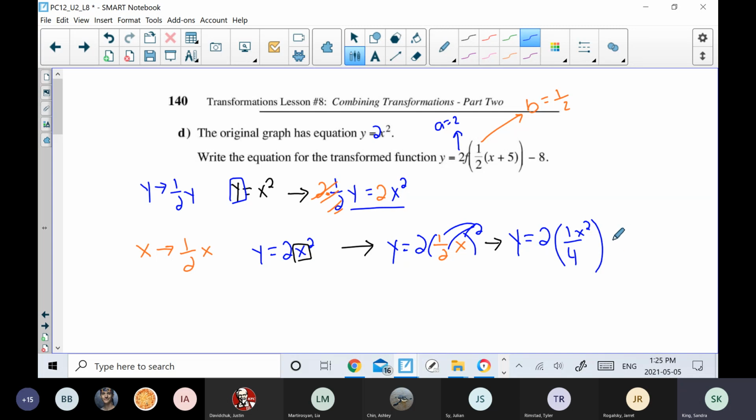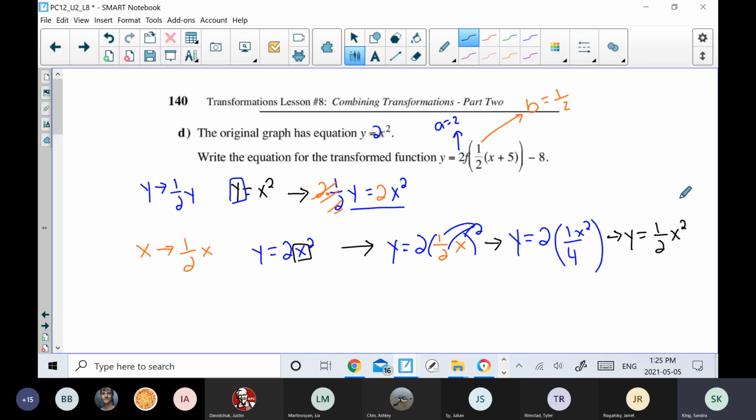Okay. Now from here, I could multiply these two numbers together. 2 times a quarter is 2/4, and that's 1/2 x squared. So I could get rid of these brackets, and I could write it as y is equal to 1/2 x squared.